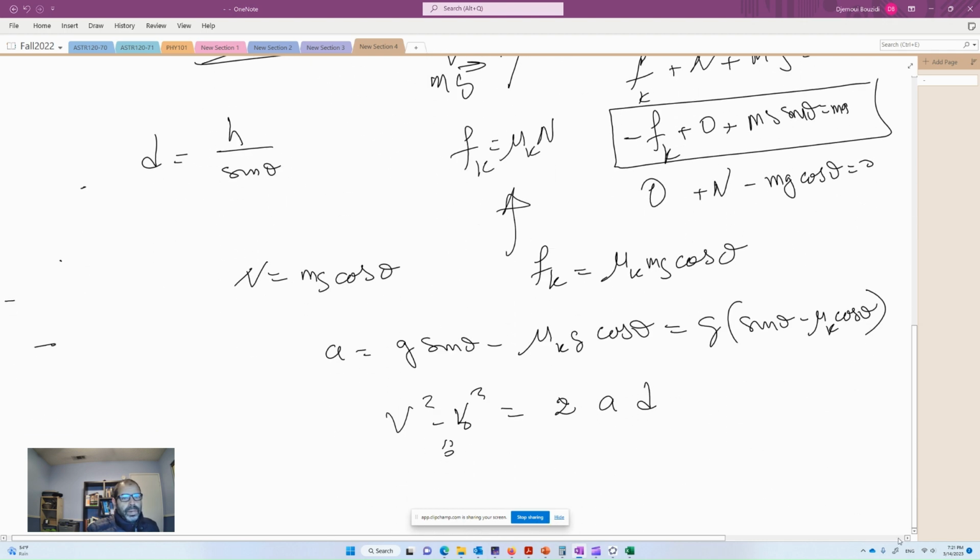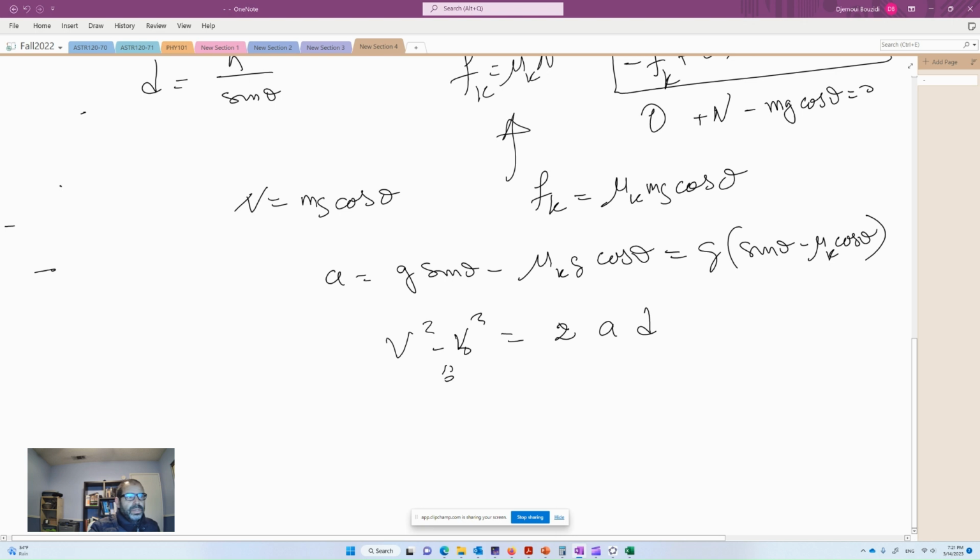So from here, we can find the expression for the velocity, namely the velocity squared is equal to 2 times g times this stuff in here, which is sine theta times 1 minus mu k over tan theta. I mean, I took sine theta just as a common factor.